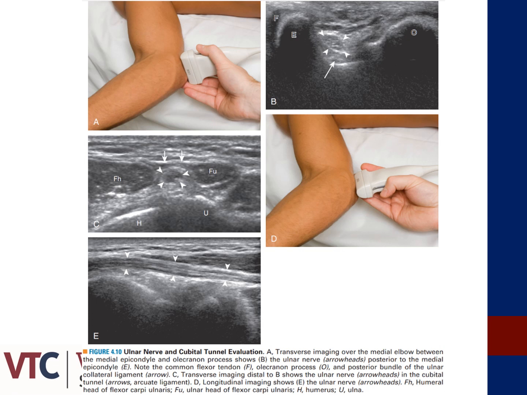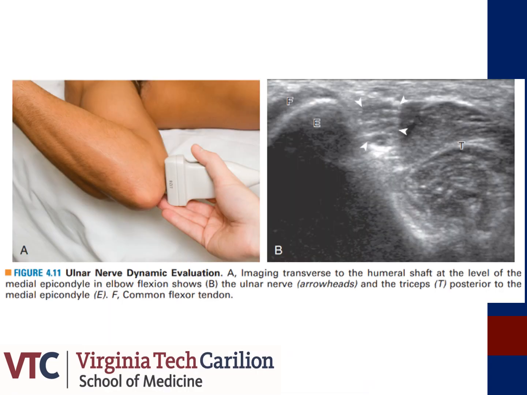You'll see in figure B the ulnar nerve passing posterior to the medial epicondyle, and then in figure C it is traversing between the humeral and ulnar heads of the flexor carpi ulnaris. And figure E demonstrates the ulnar nerve on its longitudinal axis.